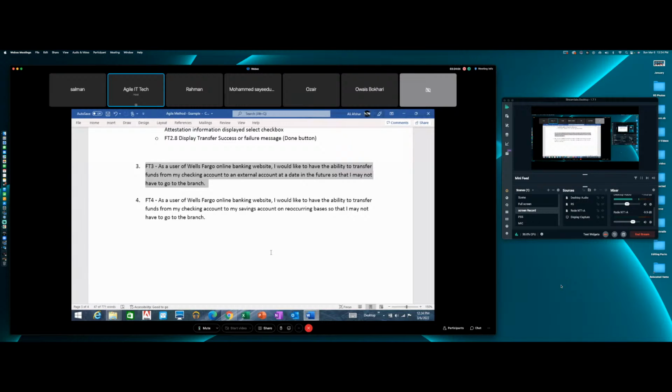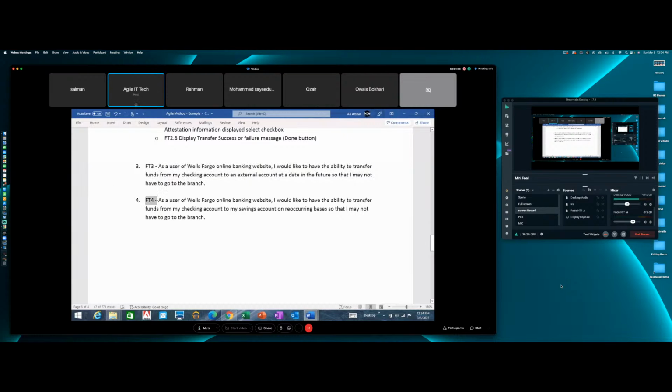He clicks on it, the date should come up. Some of the things you should be thinking about is how much in the future should I allow a user to select a date? Can he select 10 years in the future? Probably not. There has to be a cap.